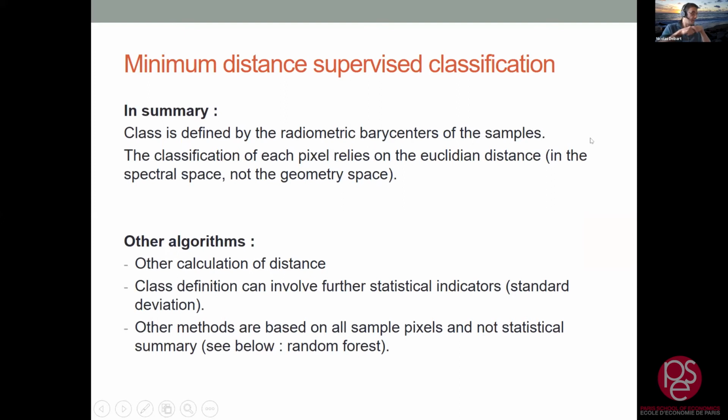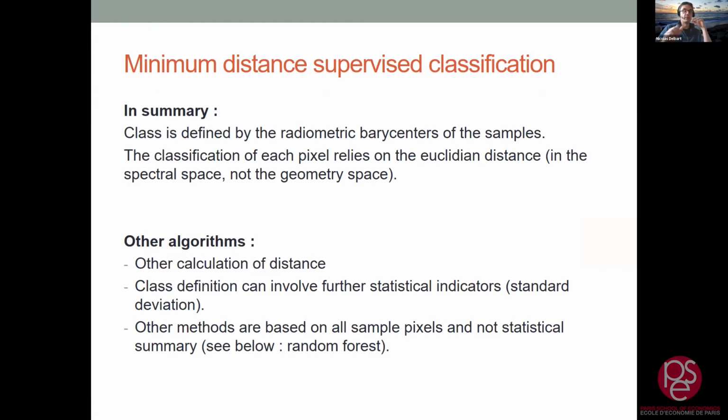In summary, in this method, a class is defined by the radiometric barycenters of the samples. The classification for each pixel relies on the Euclidean distance in the spectral space, not in the geometric space.